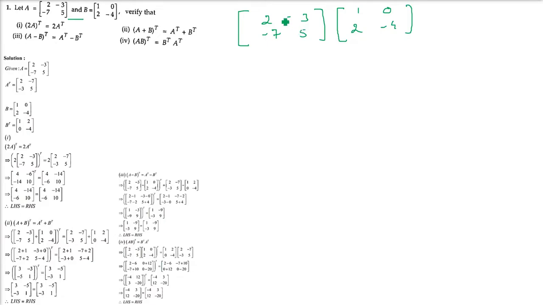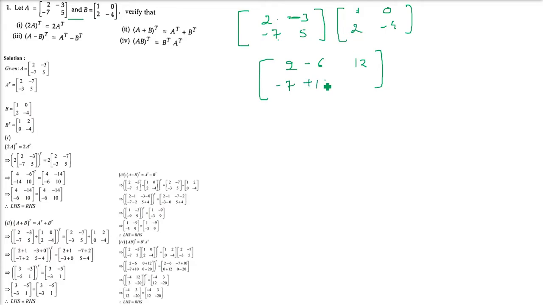Now multiply. First row with first column: 2 into 1 is 2 and -3 into 2 is -6. Now 2 into 0 is 0, -3 into -4 is +12. Now the second row with the first column: -7 into 1 is -7, 5 into 2 is 10, so -7 plus 10.